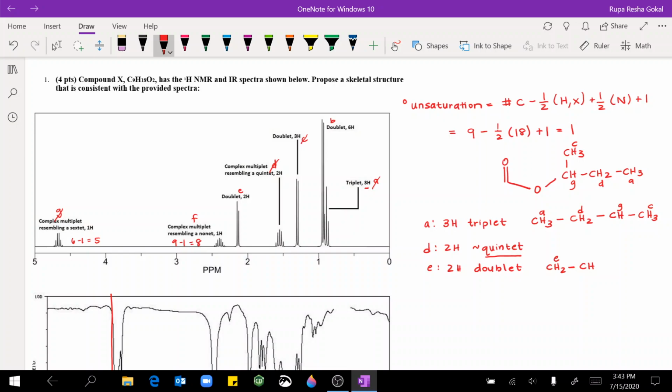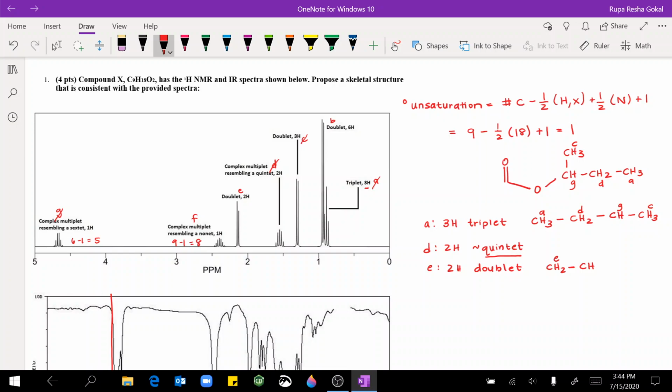All right. So now let's go back down to what I have here. I have the CH2 E hydrogens already labeled. And since this is a doublet, that means that the only thing it can be next to is this CH that I already have drawn here.